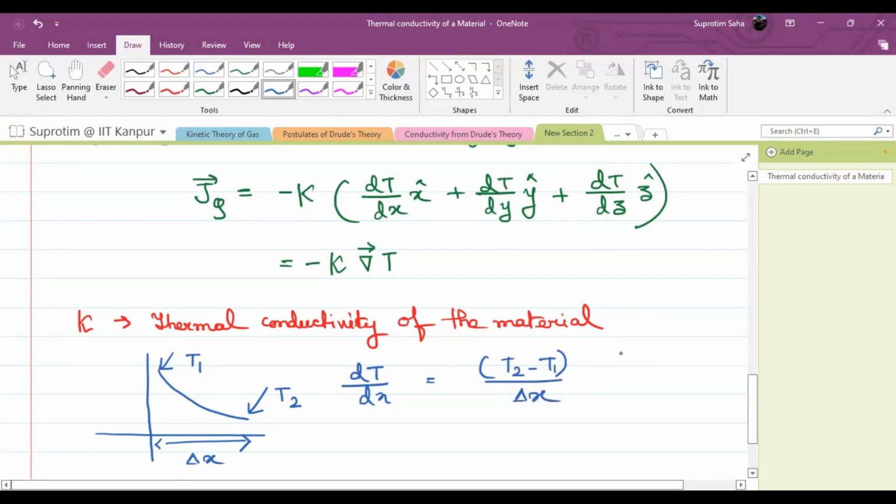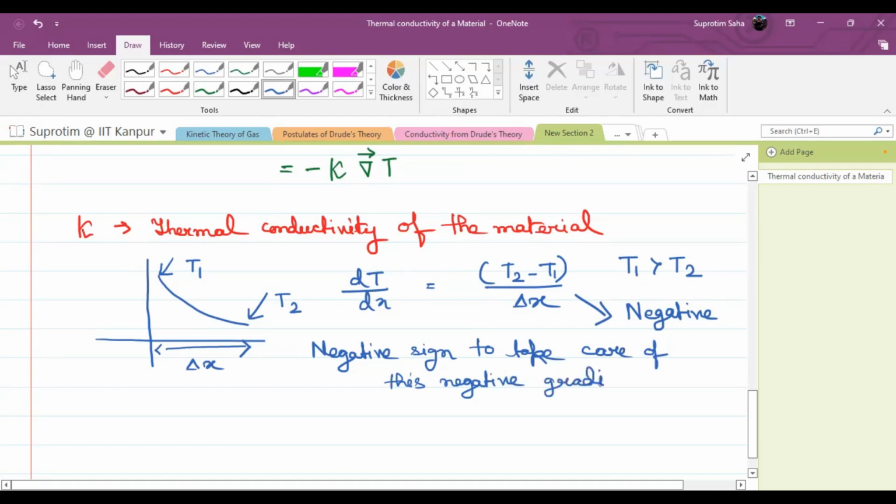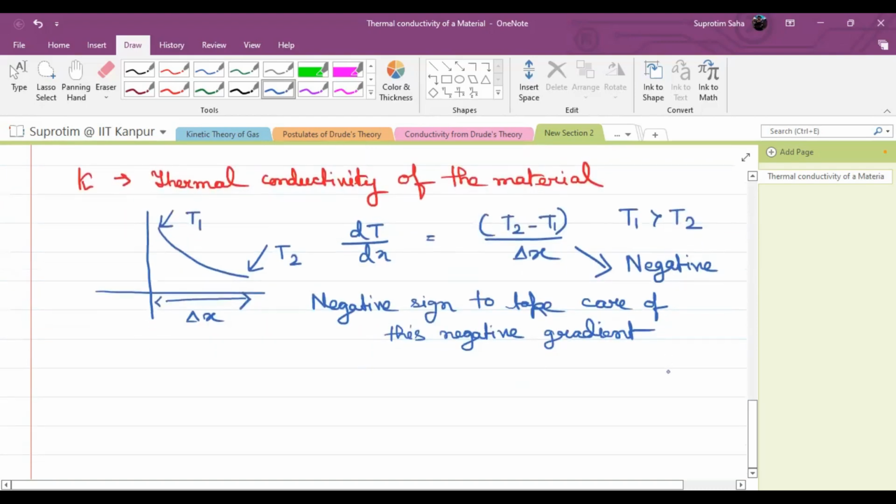Because T1 is greater than T2, this quantity is negative. So the natural thing that follows is that you need to adopt a negative sign in front of it, to take care of this negative gradient. This is for conventional purposes only.